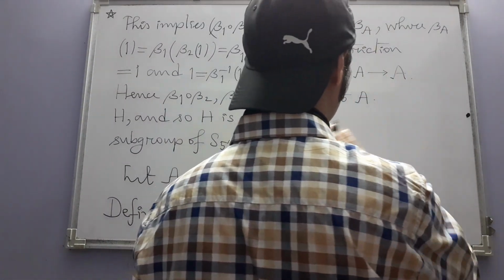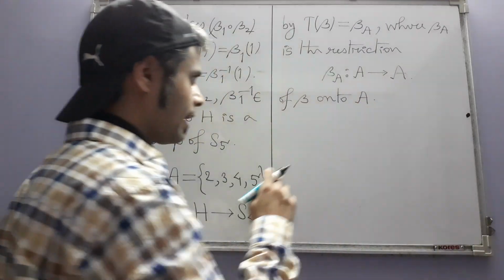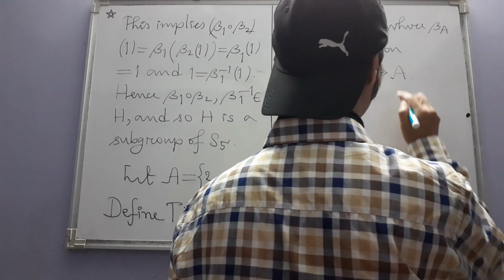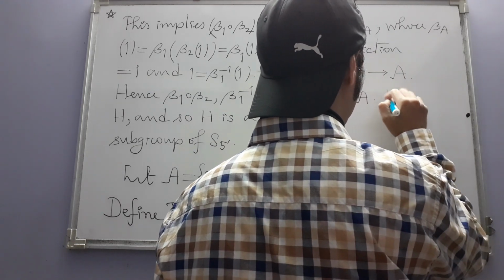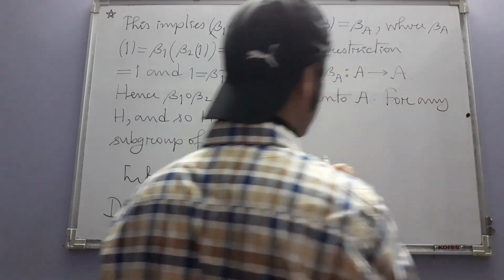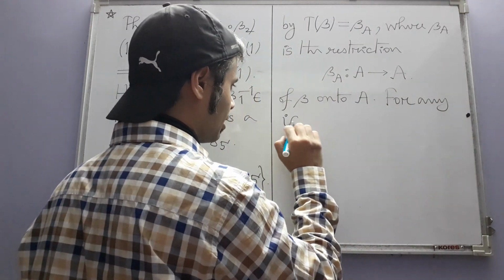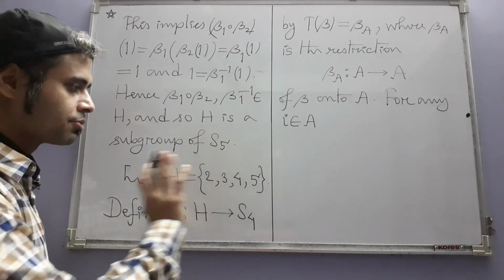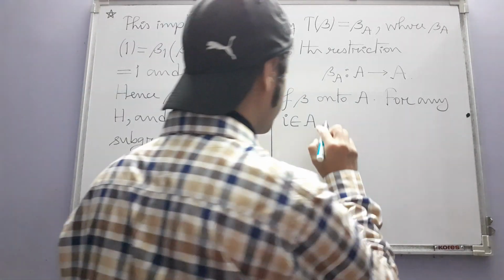Okay. So let us first show that this actually is a function from A into A. For any i belonging to A, so what will i be? i is any one of these 4 symbols.